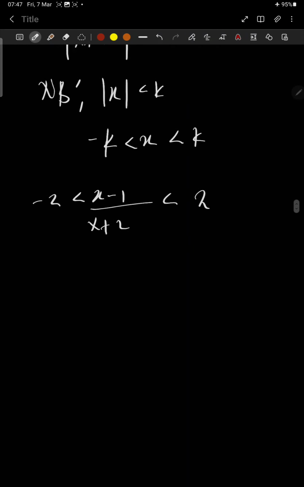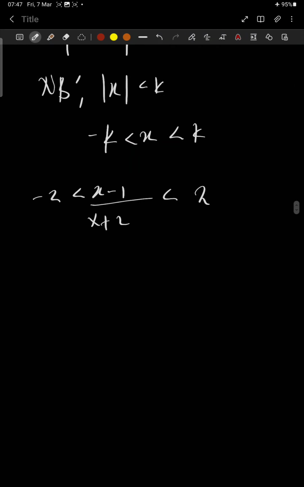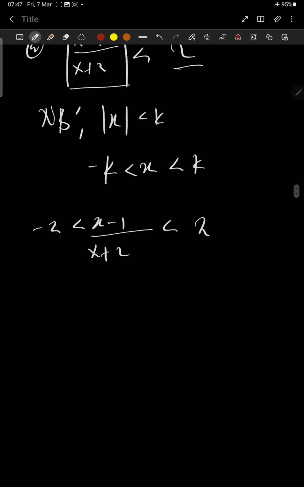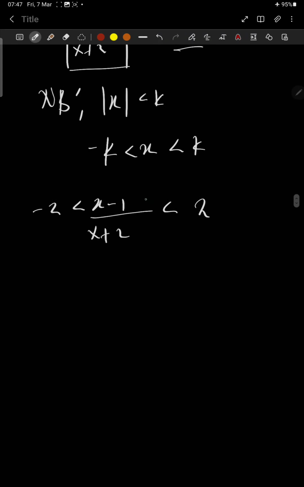Now if you have the modulus of x less than a constant like we have here, we're going to have two inequalities.